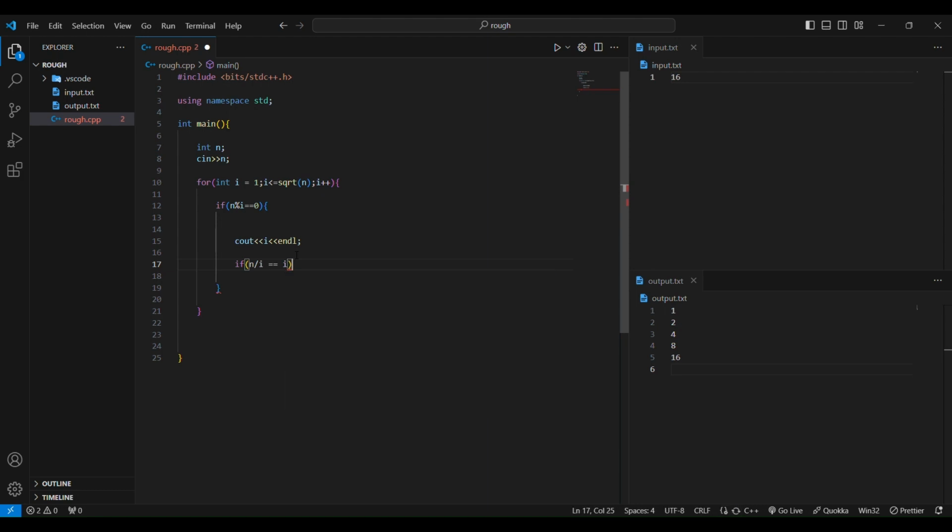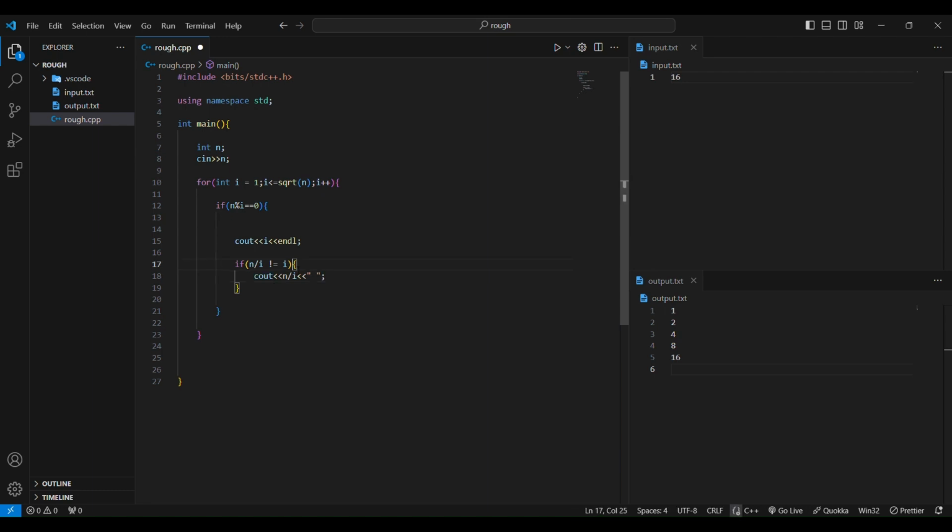If it is equal, I don't have to print it, but if it is not equal, that means n by I is also a number that will divide n completely, right? So I will just print n by I.